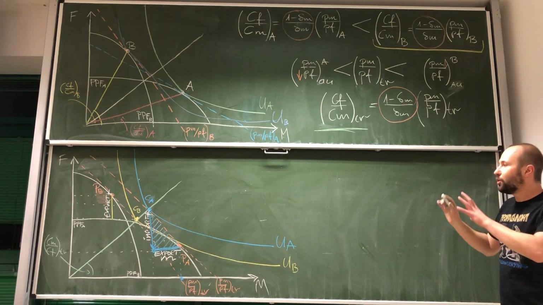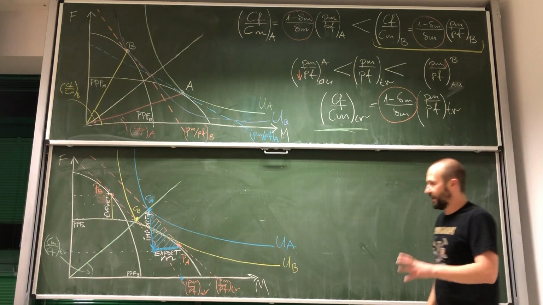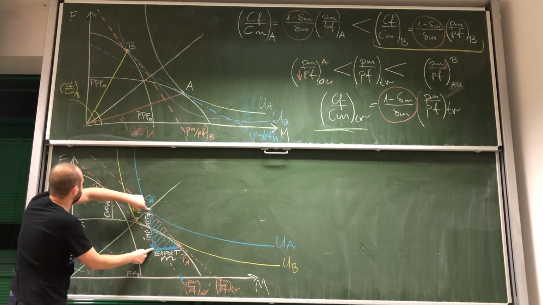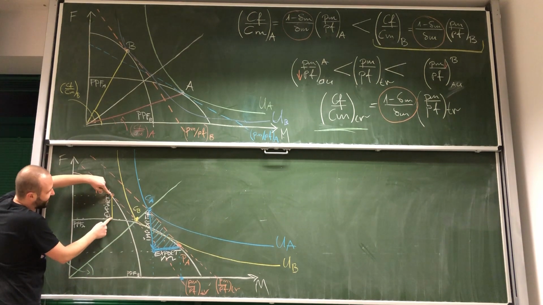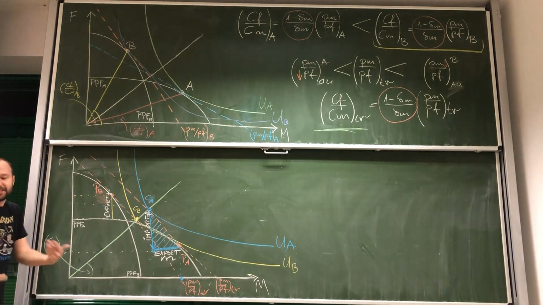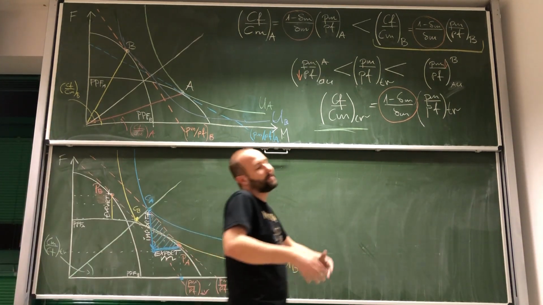So look, if those graphs would be done perfectly, this side of the triangle and this side of this triangle that we're going to have over here would be exactly equal. But as long as I am not a robot, they are not.